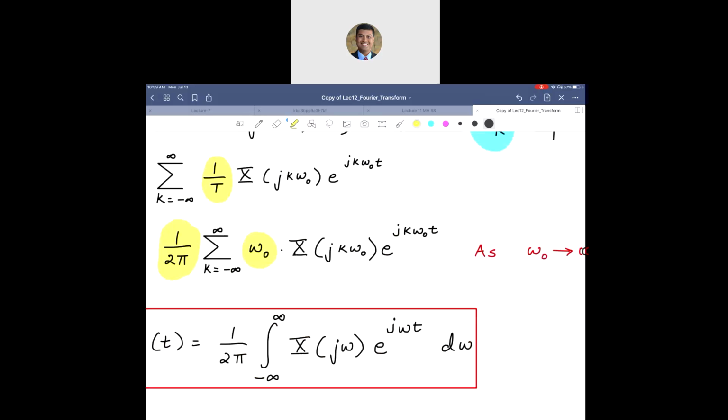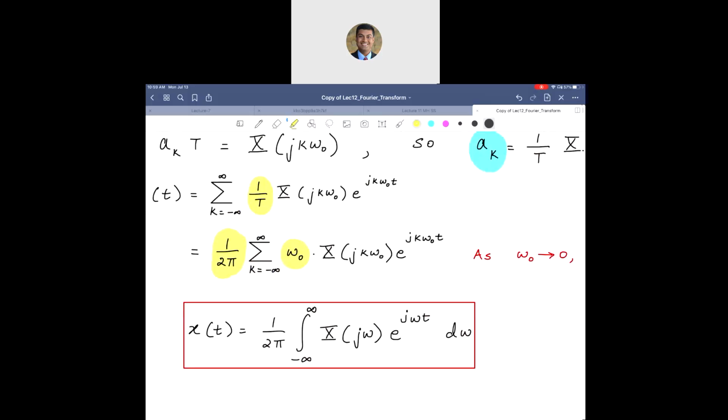And now if you observe this function, x of jk omega naught, e to the jk omega naught t times omega naught, and a summation.